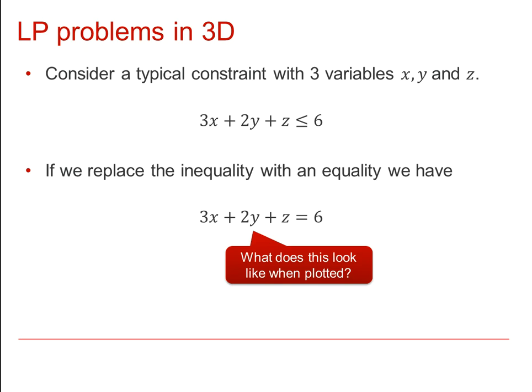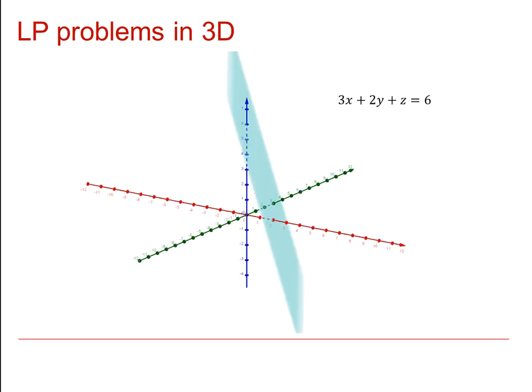And as we do with the two-dimensional case, we need to replace that with an equality, and we get 3x plus 2y plus z is equal to 6. And of course now you'll recognize that as being the equation of a plane. So in three-dimensional space we can represent that plane as on this diagram here. If we had more constraints, then we'd have more planes added onto our diagram.